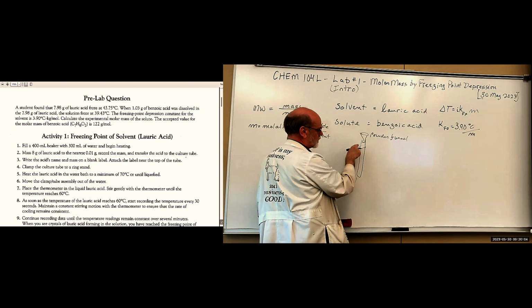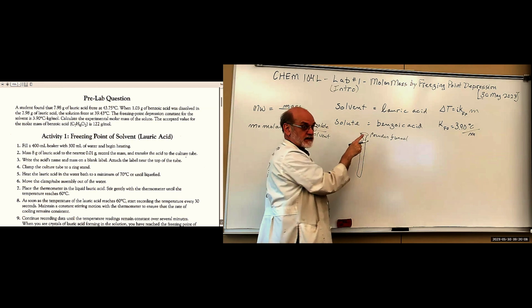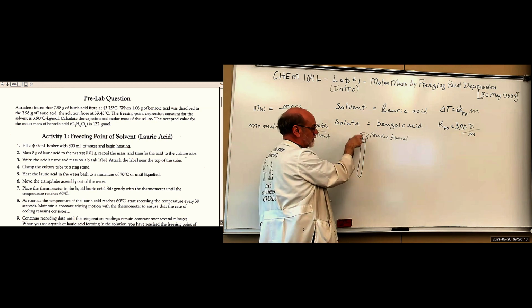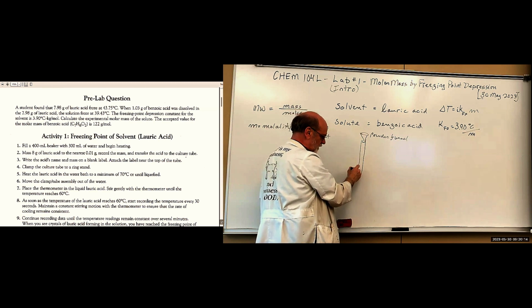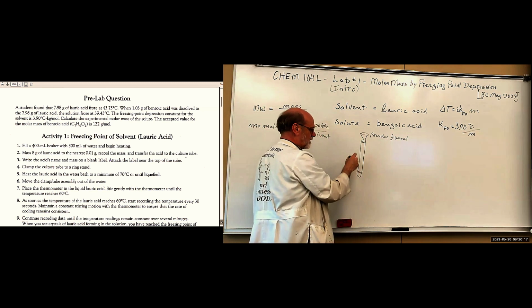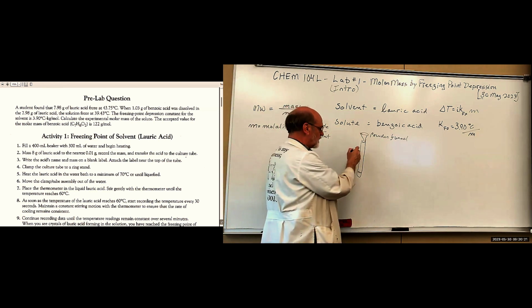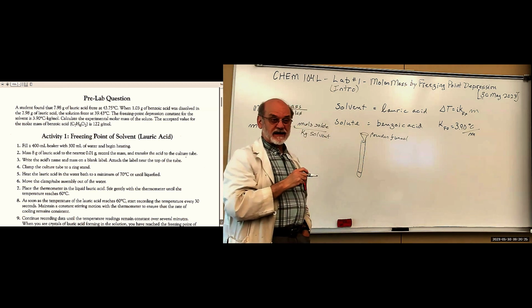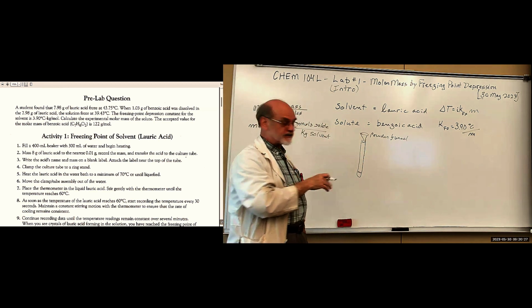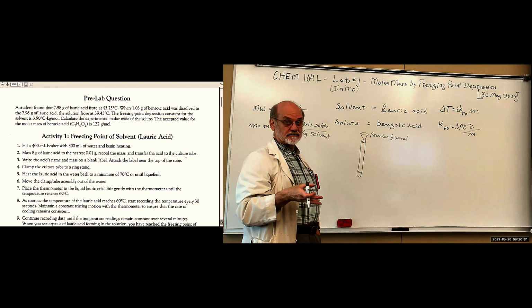And one of the things we want to do is when we add these solids, they're both solids at room temperature, when we add either one of them, we want to get as much of this as possible down here. Right? It's inevitable, static electricity and small particles. You're going to get some that cling to the side. You want as few of those clinging to the side as possible, because that's a source of experimental error.